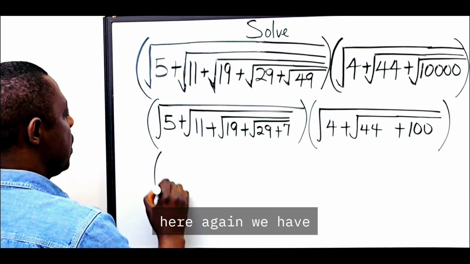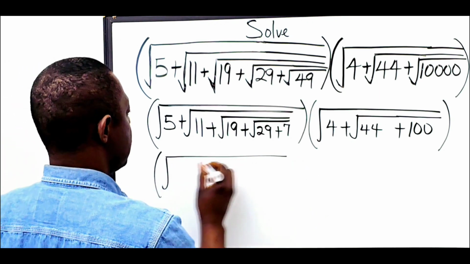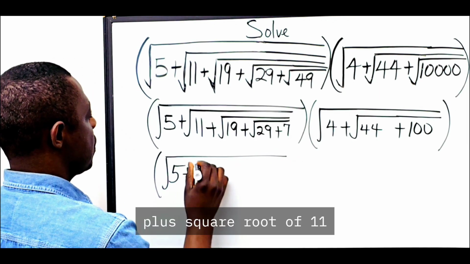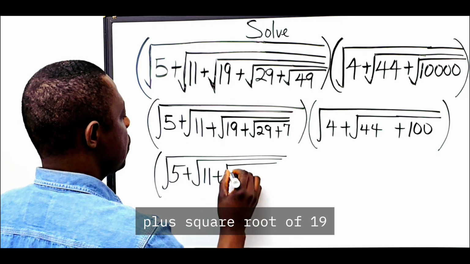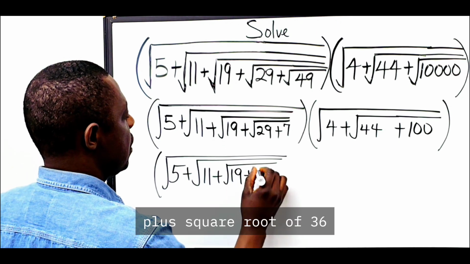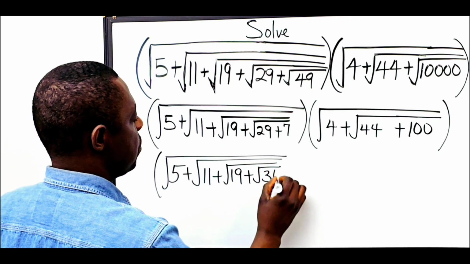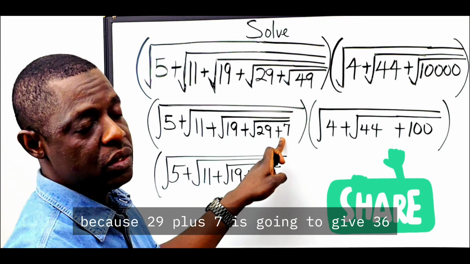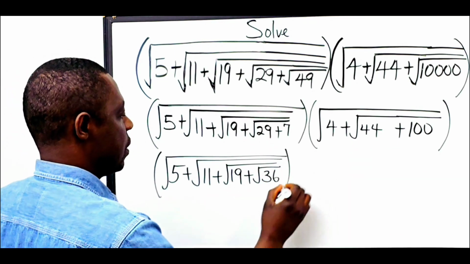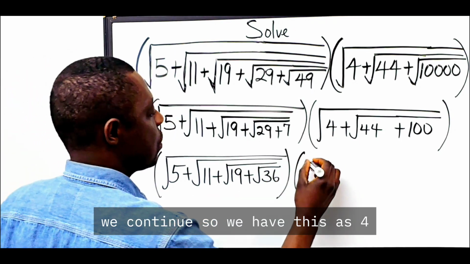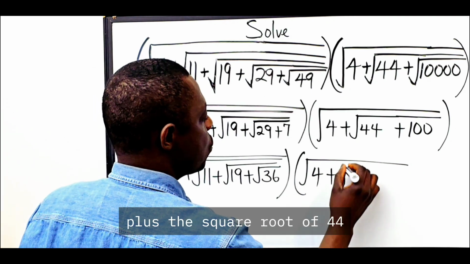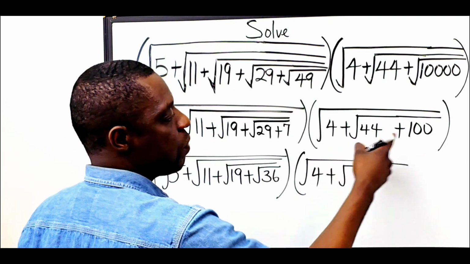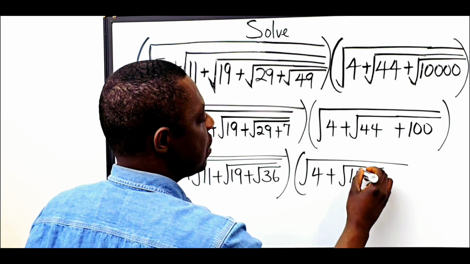Here again, we have the square root of 5 plus square root of 11 plus square root of 19 plus square root of 36, because 29 plus 7 is going to give 36. We continue. So we have these as 4 plus the square root of 44 plus 100 will give 144.